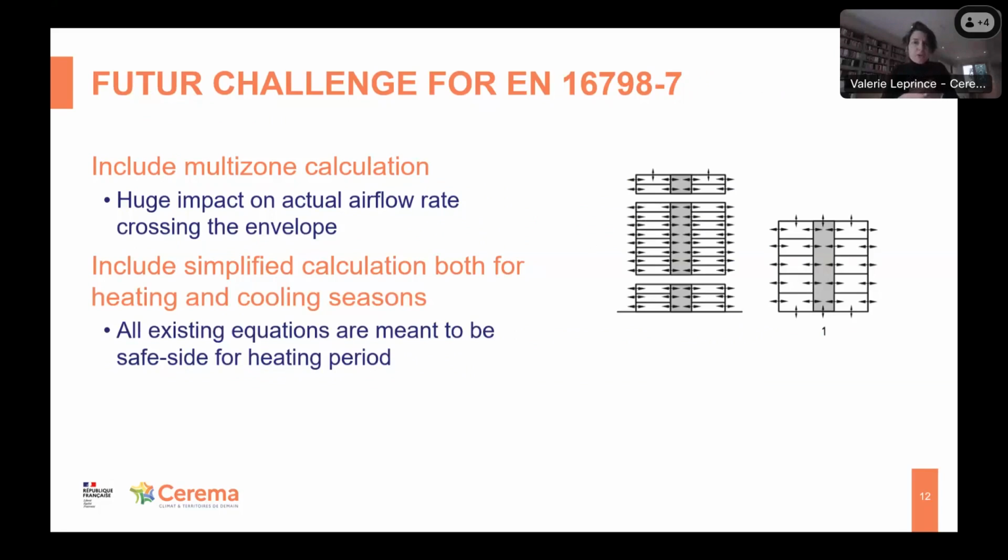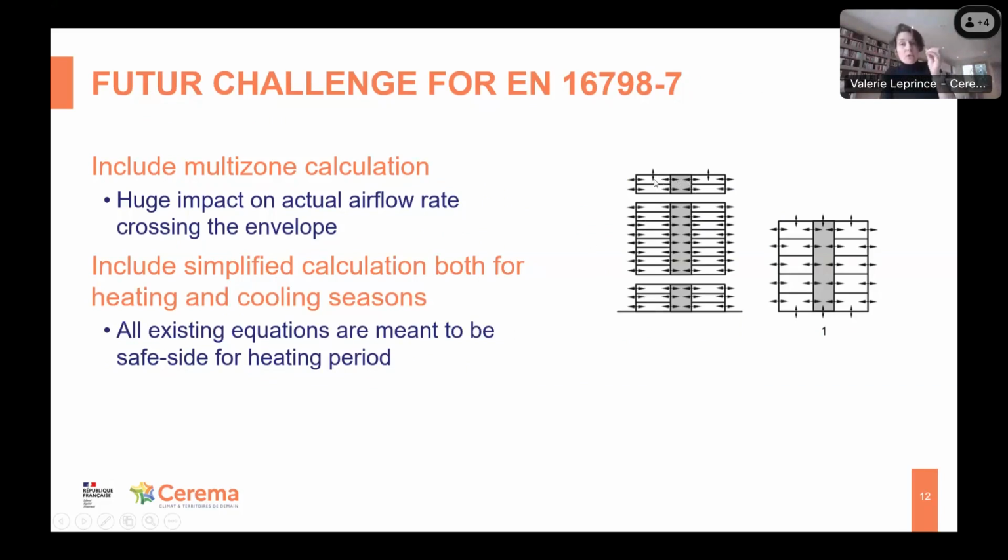Now I wanted just to stress a future challenge for 16798-7. All that I presented here assumes that the building is just one zone, which is okay, that's the first step. But in real life, the building is usually divided into different zones that have openings between them, but may not be at the exact same pressure.